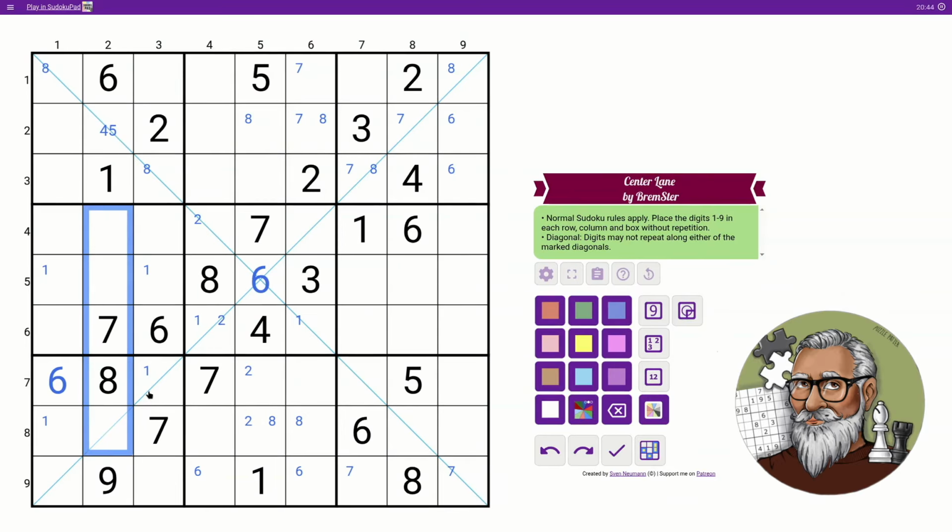It's 2, 3, 4, and 5, so not very interesting, is it? 2, 3, 4, or 5. Can I eliminate anything from anywhere? I can't have 3 here because of the already existing 3 in row number 5, but that's not all that interesting, is it?